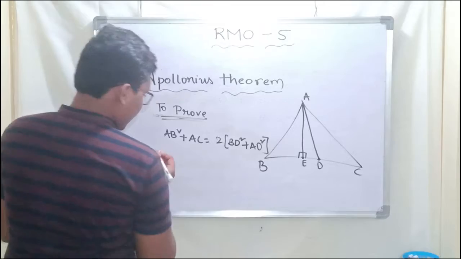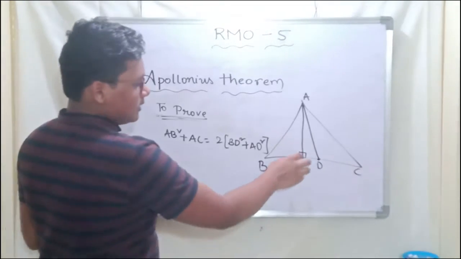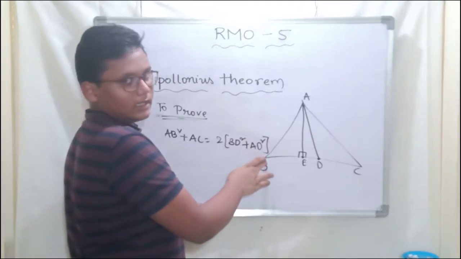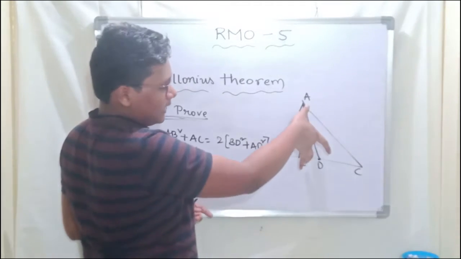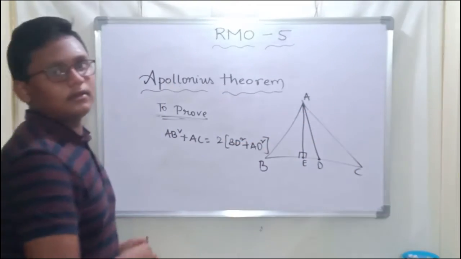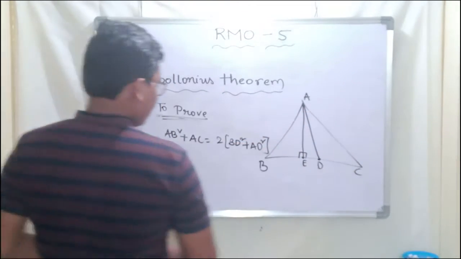Here, triangle AEB is a right angle triangle at E, AED is a right angle triangle, and AEC is a right angle triangle.